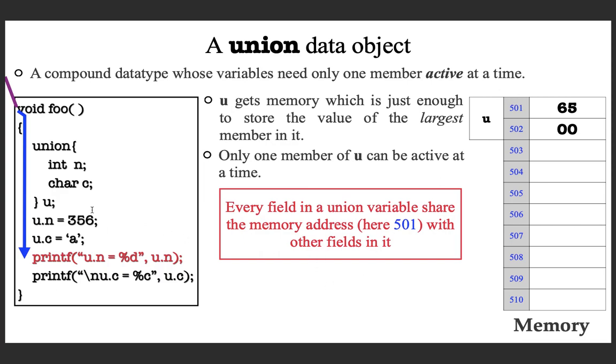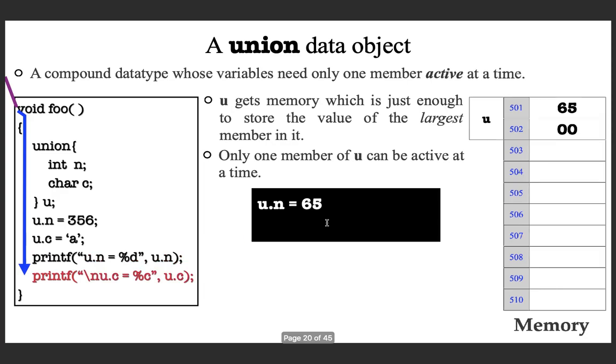So regardless of what you use, both u.n and u.c have the same memory address, 501. So now you are trying to print u.n as an integer, as a decimal number. So what is the decimal number? 65. So 65 will be getting printed.